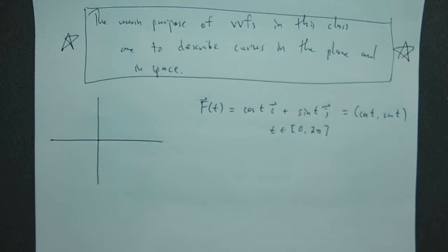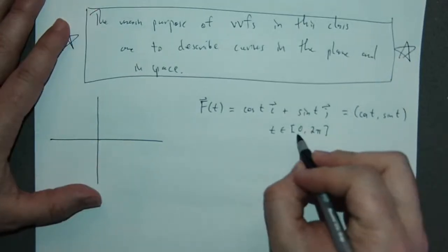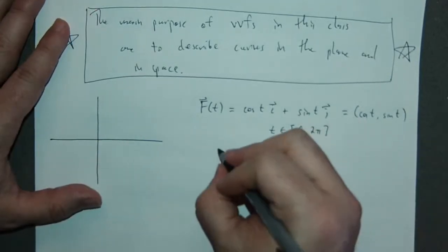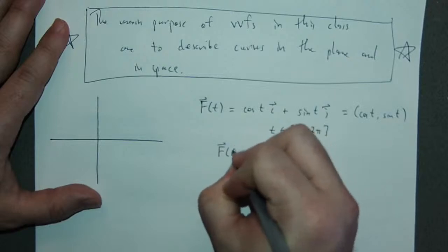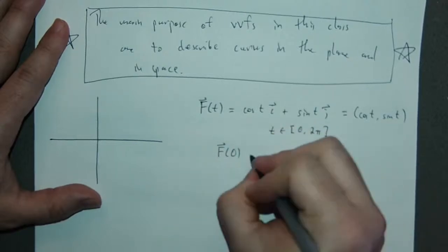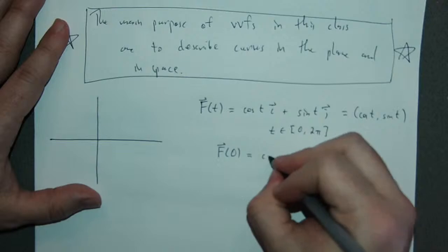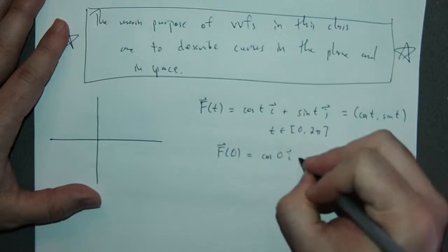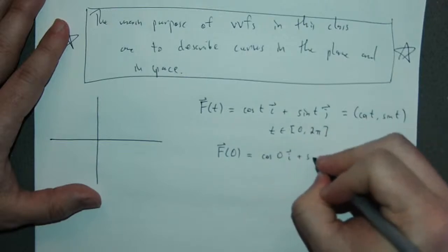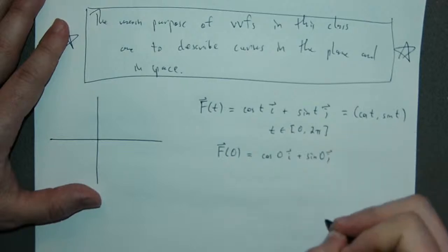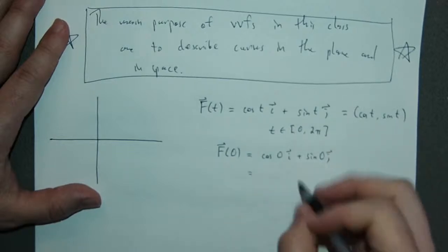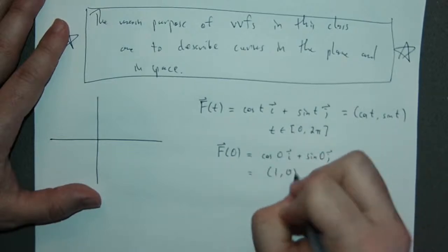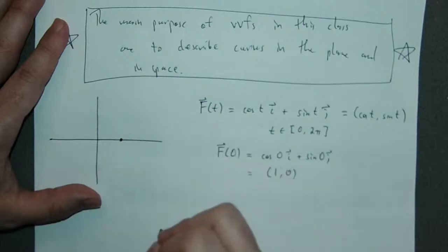This is the unit circle. So if I were to start at t equals 0 here, to see what is going on, f of 0 is cosine of 0 i plus sine of 0 j. So this is the vector 1, 0, so that's here.